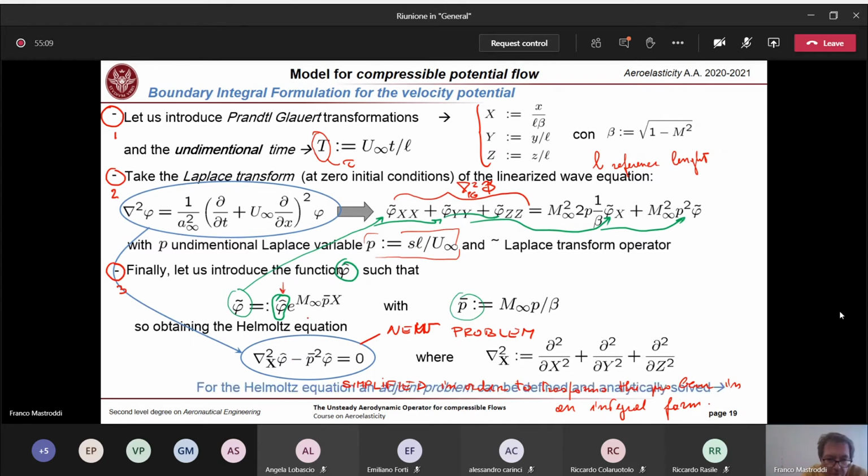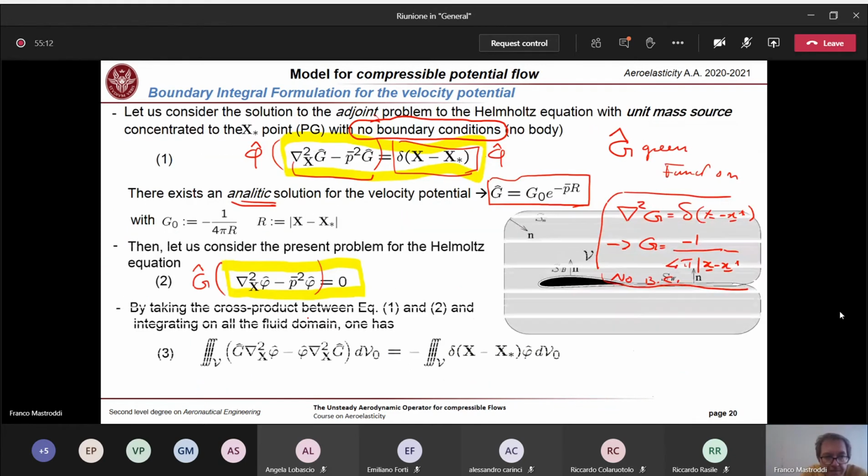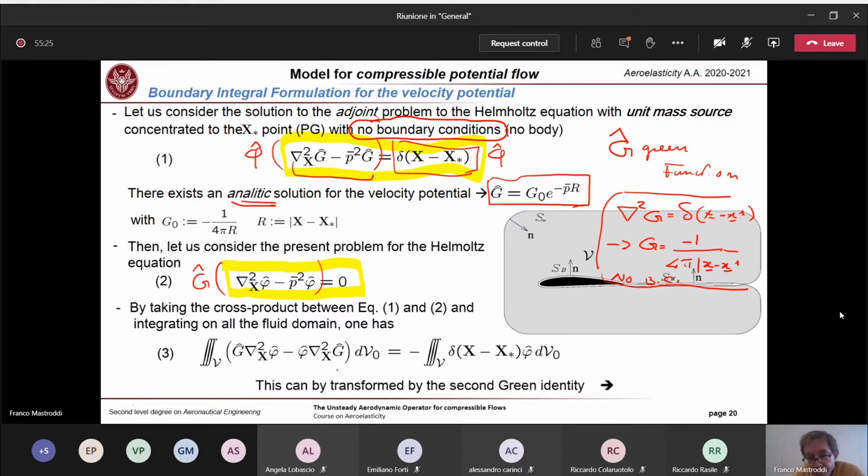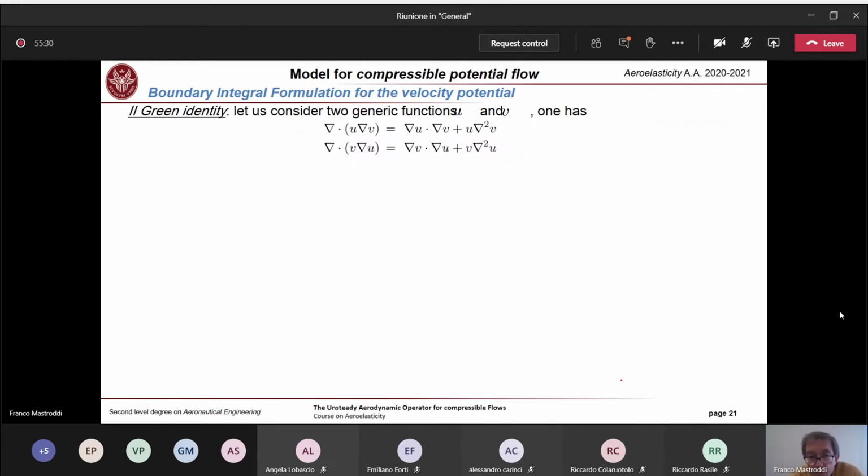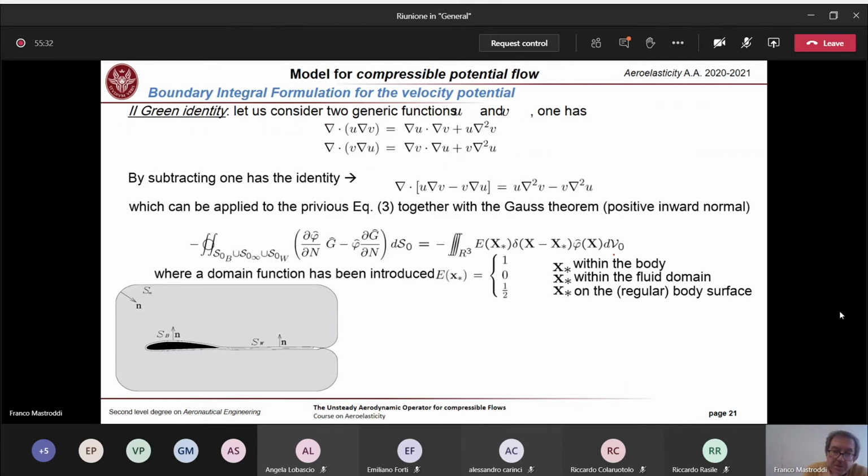So don't worry. We now have to solve this problem, and we can apply here the Gauss theorem, just rewriting this quantity in a divergence form. In fact, we can consider the second Green identity as usual. I want to skip this part because you know the Green identity very well. This is the Green identity which allows us to express this in a divergence form.